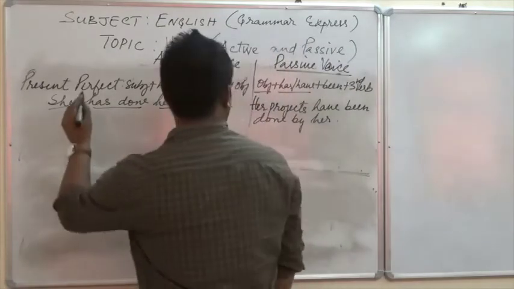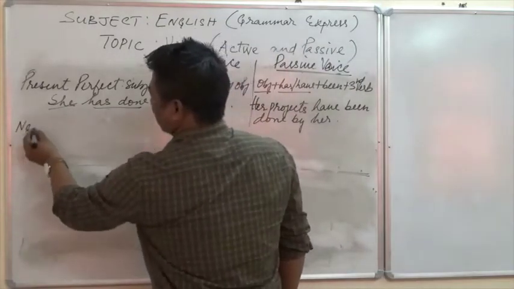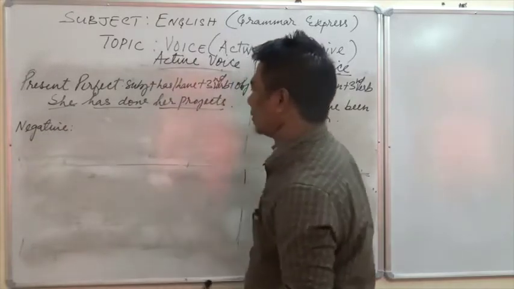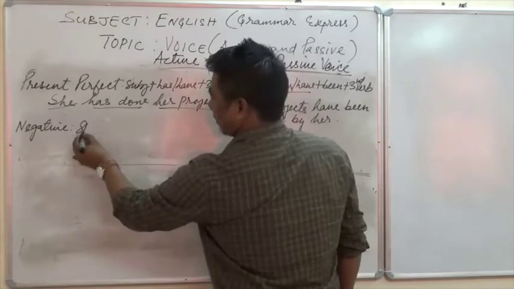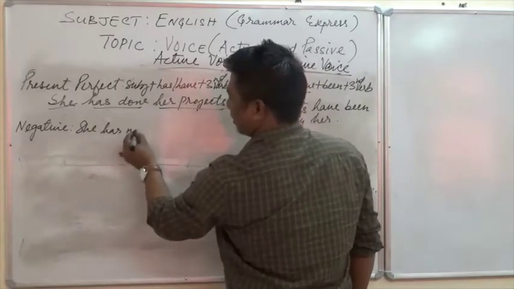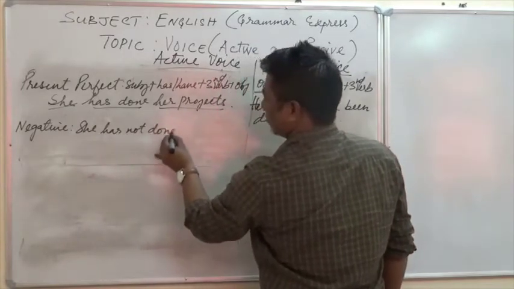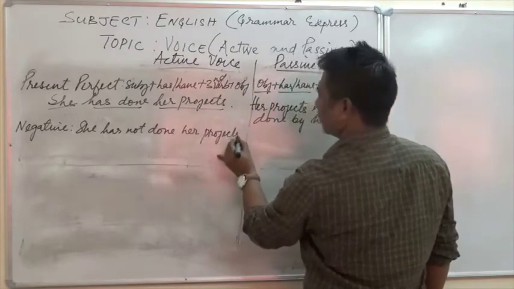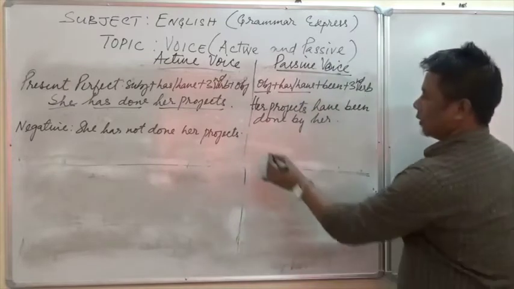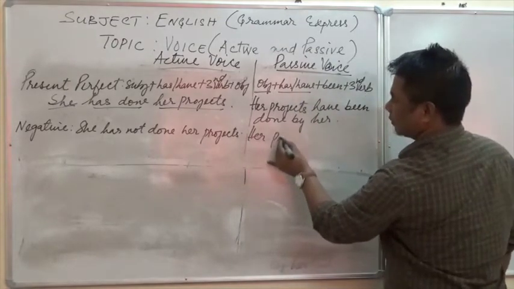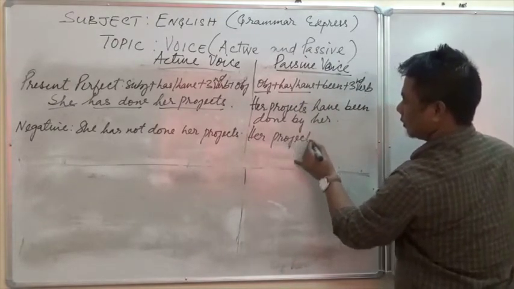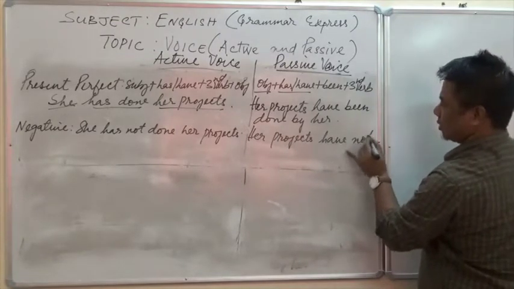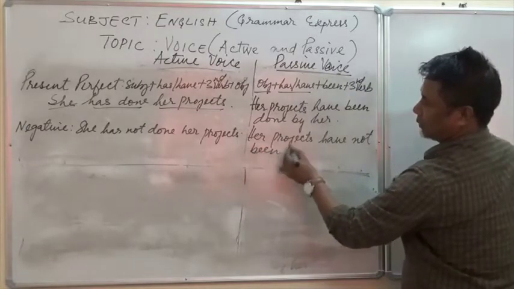So if it is a negative sentence: she has not done her projects. In the passive: her projects have not been done by her.